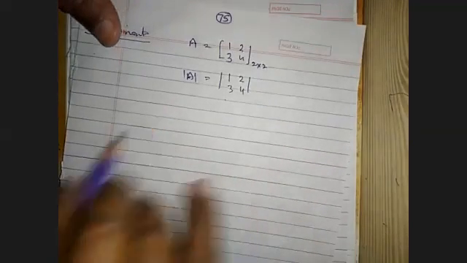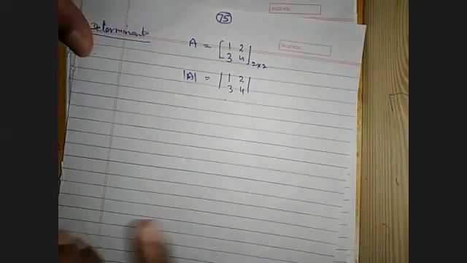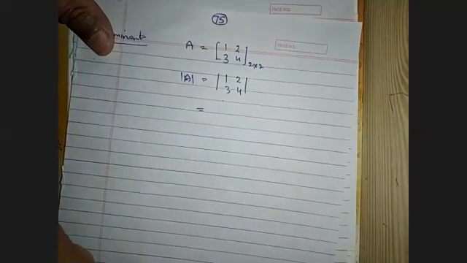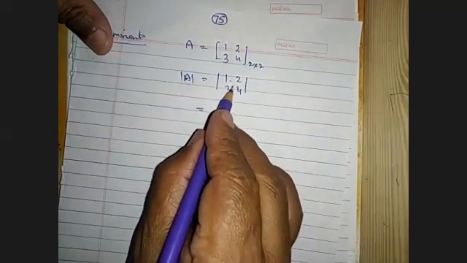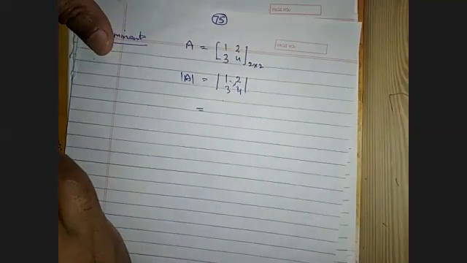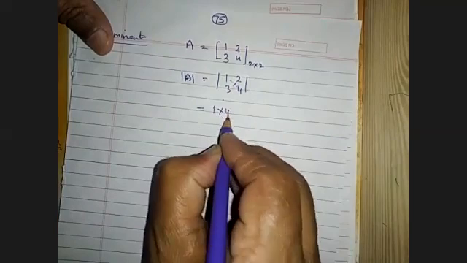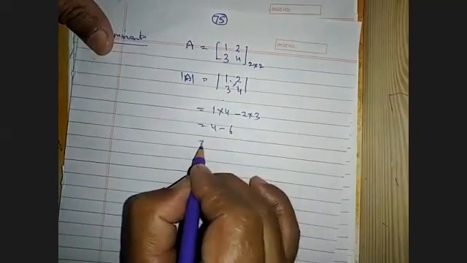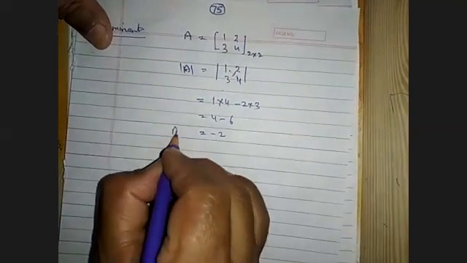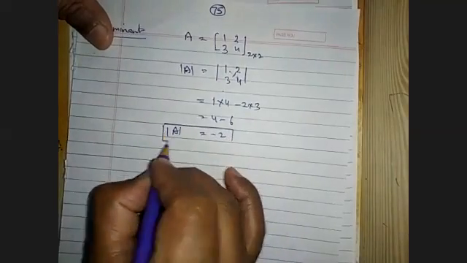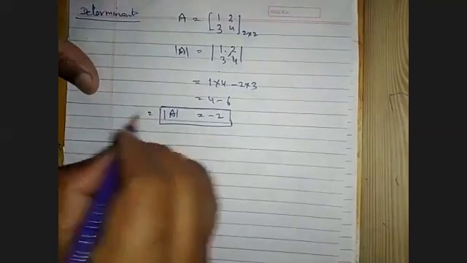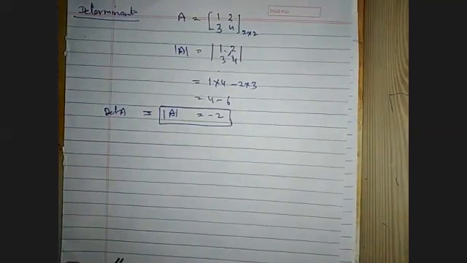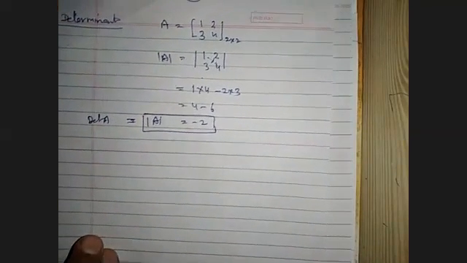Now the question is how to find the value. Just like you did in 11th, cross multiplication, as you studied in 10th class. So 1 into 4 minus 2 into 3, that is 4 minus 6, which is minus 2. This is the value of the determinant A. You can write it simply as determinant A or with the symbol |A|.